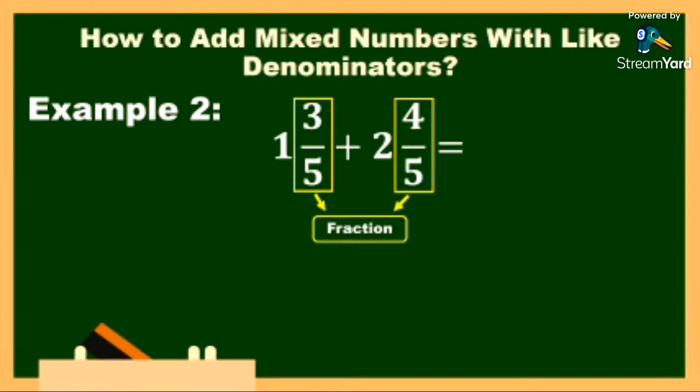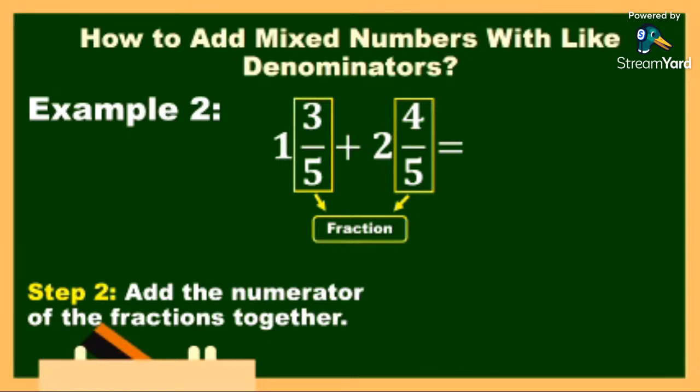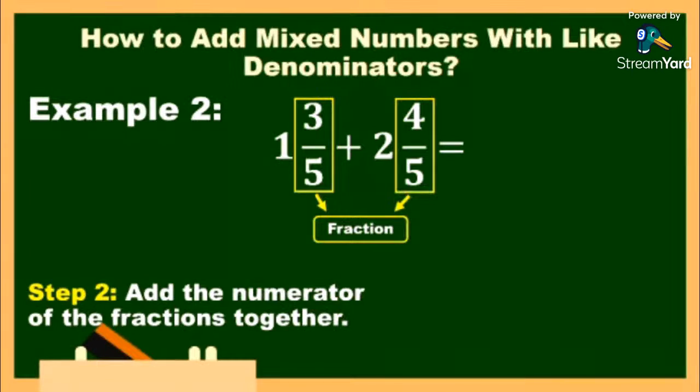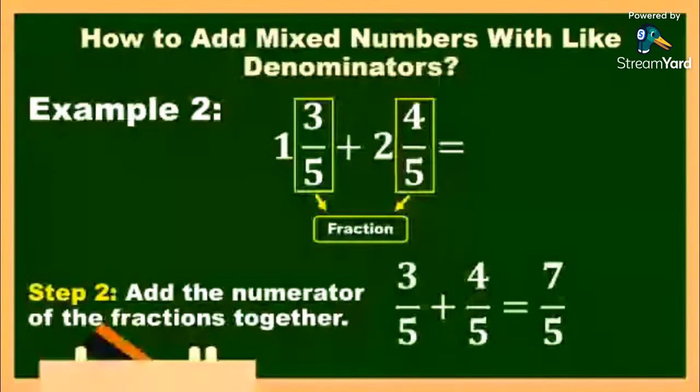So in step 2, add the numerators of the fractions together. So 3 over 5 plus 4 over 5 is equal to 7 over 5. Kasi nga, we just add the numerators. So ang numerators dito ay 3 and 4. So 3 plus 4 is equal to 7. That is why the result is 7 over 5.